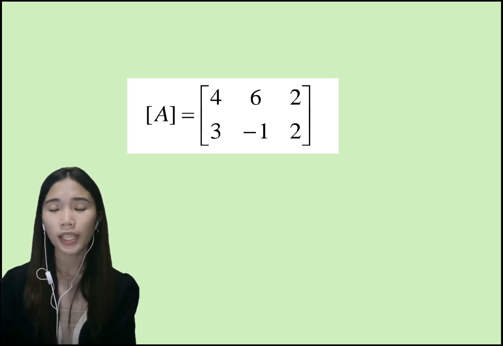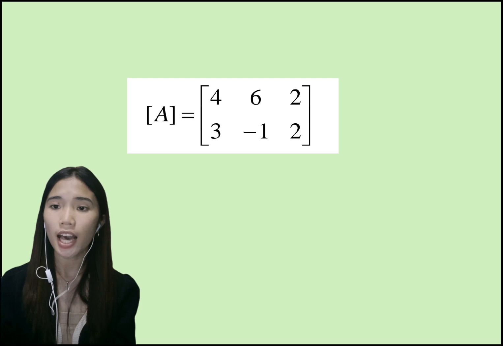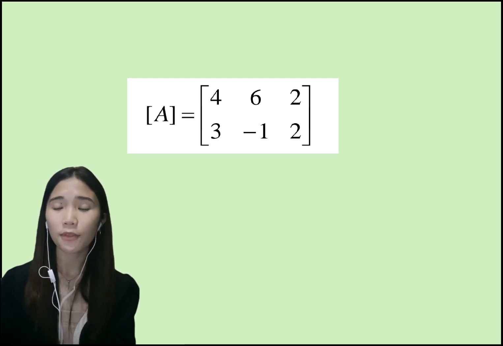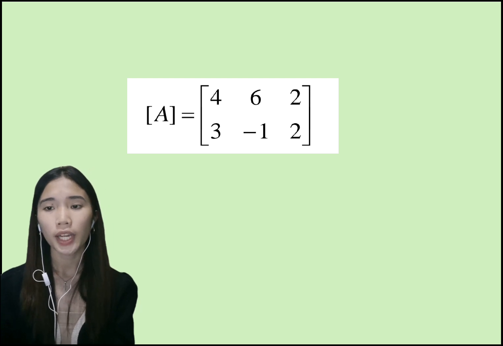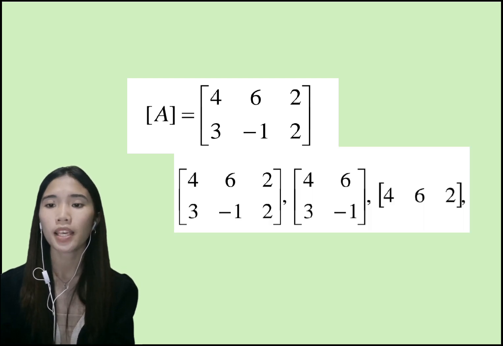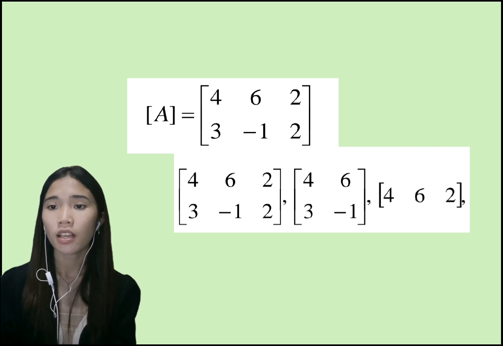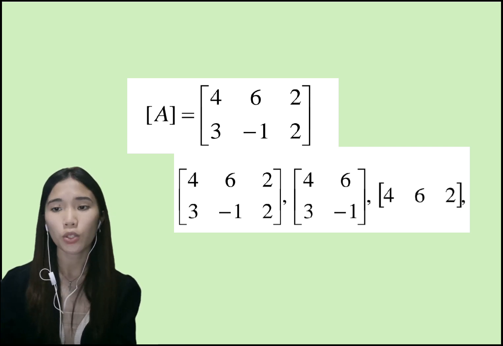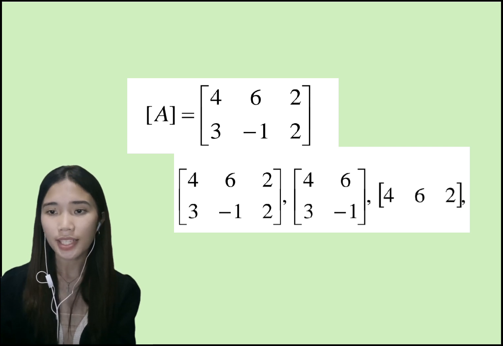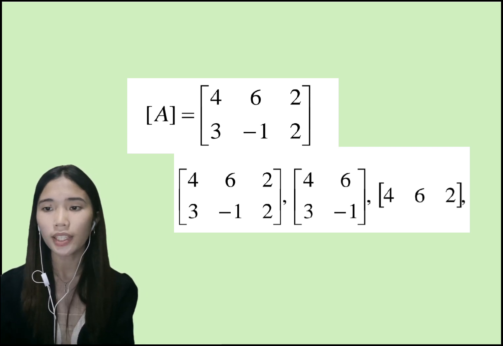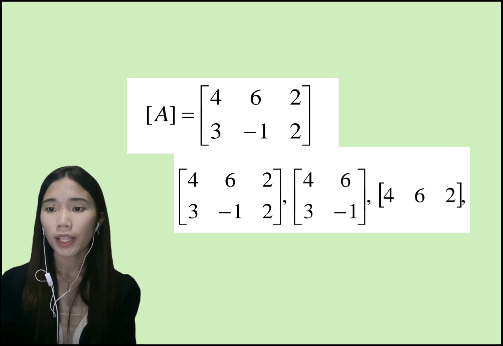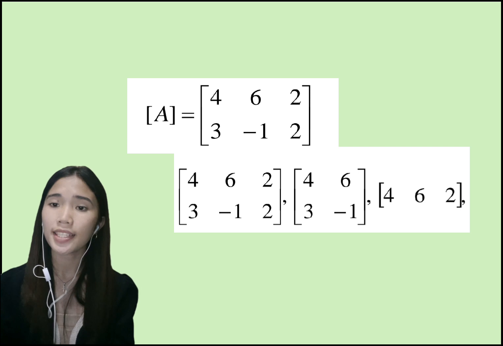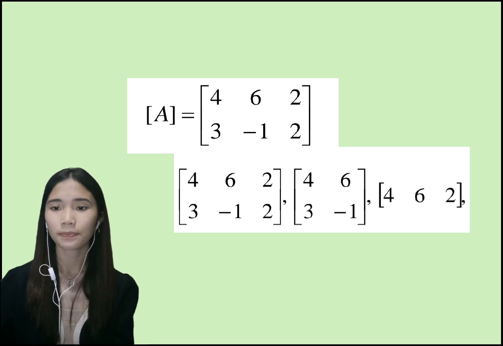Here in the matrix A, there are elements 4, 6, 2, 3, -1, and 2. For its submatrix, it can be 4, 6, 2, 3, -1, 2, and it also can be 4, 6, 3, and -1, and also a matrix of 4, 6, and 2, as long as the numbers are in the given matrix.